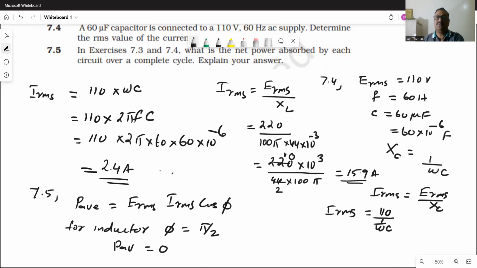Similarly, for a capacitor, voltage lags the current by pi by 2. Again, P average will be 0 because phi is pi by 2. Okay.